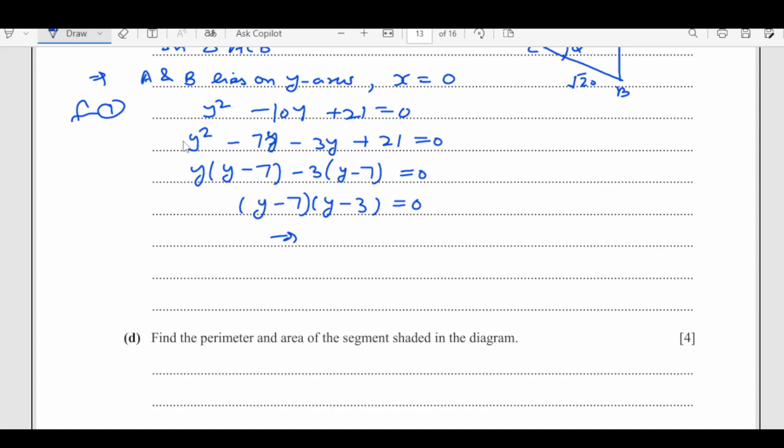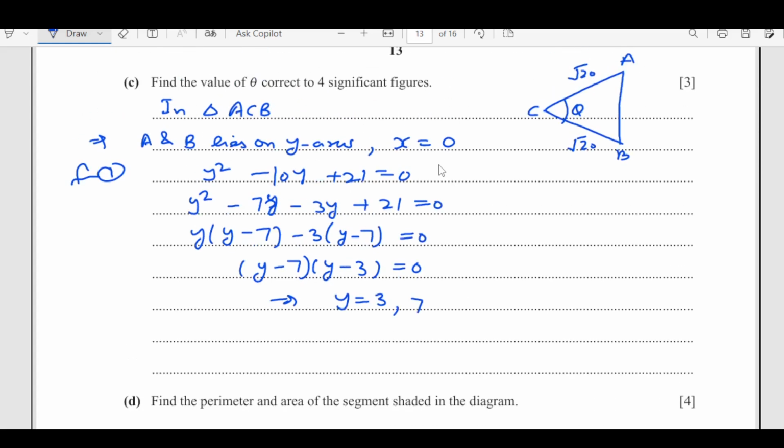From here we got y as 3 or 7. So now we are looking for the angle. For this, first of all we need to know all the sides. We have this side is square root 20, this is square root 20, so we are looking for this side. So coordinates of A now are (0, 7), and coordinates of B are (0, 3), taking these two values.